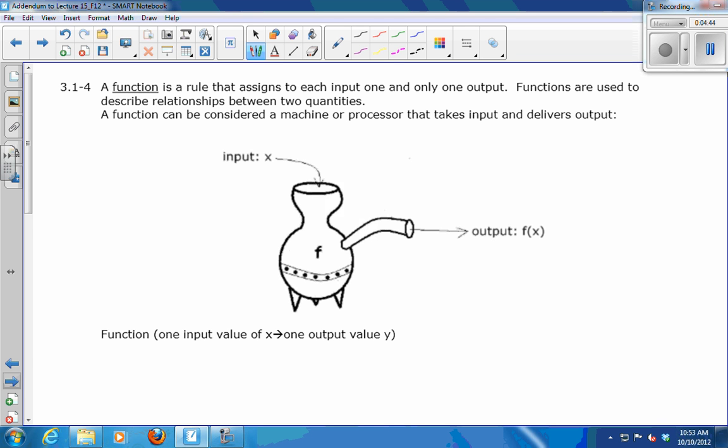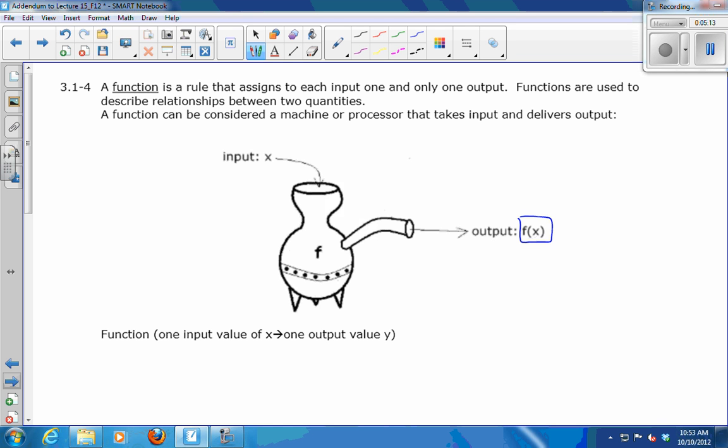So you drop in an input, an x or a number or whatever, and out pops an output, and exactly one output. Okay, you don't drop something in and sometimes you get one thing and sometimes you get another. When you put in an x, you always get this thing, which we denote f of x. F parentheses x, we read f of x.